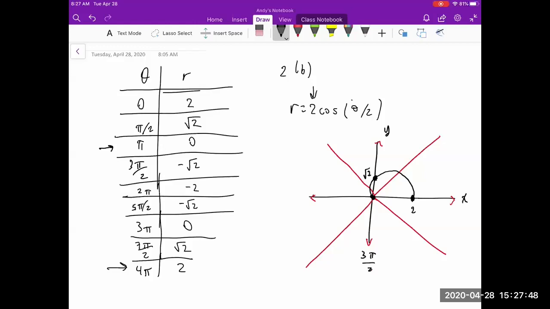The radius is going to be negative radical 2. So instead of going in this direction, it's going in the opposite direction, so it's going to loop back around like that. And then once we're at 2 pi, which is over here, its radius is negative 2. So again, instead of going in this direction, it's going to loop back from here like this.